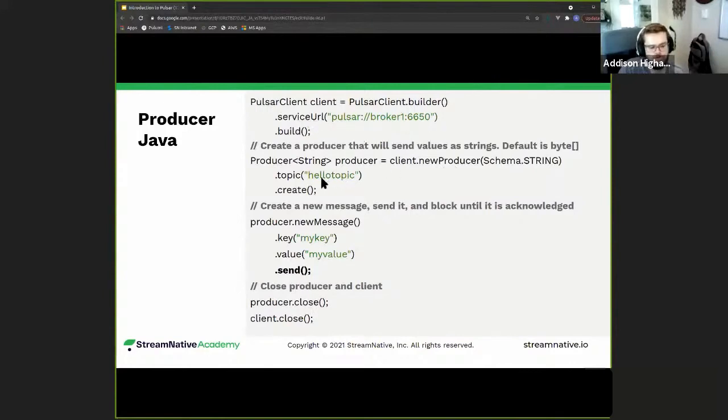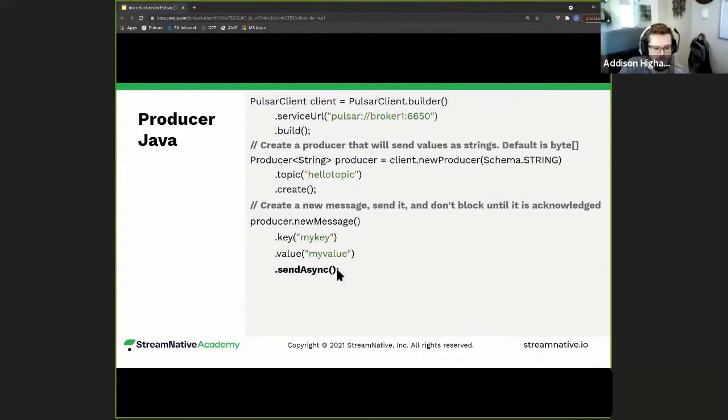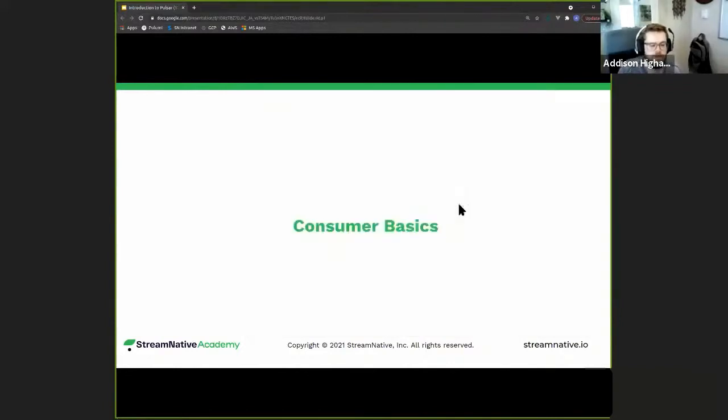We then create a producer that writes to a topic. Notice that we're using a default schema of string, but this can also be something like a data type, a class, etc. Then we create a message with a key and a value. We send that message, and here we're also closing the producer. As mentioned, we can also use an asynchronous send, which allows for things like batching, and can be very useful in higher throughput situations.